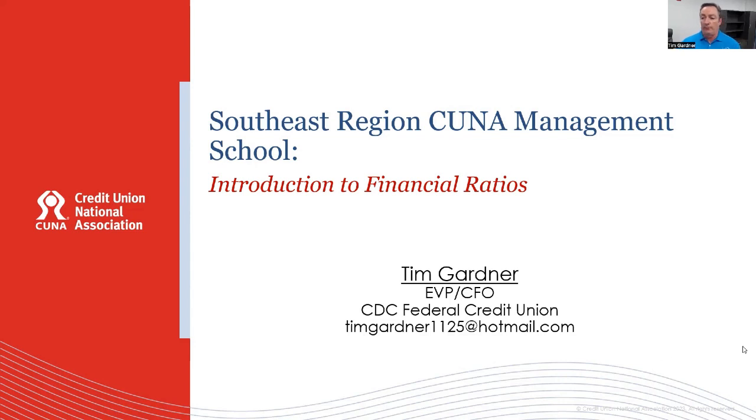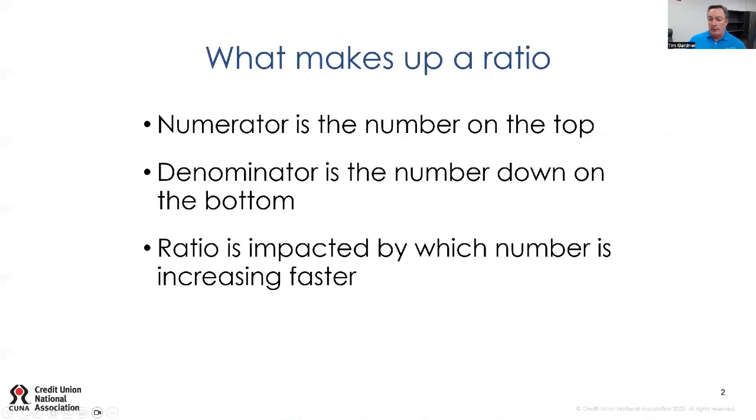What we're going to cover as far as an intro to ratios is some things that we can look at and start thinking about. Again, you'll see a lot more ratios when we get into the class.